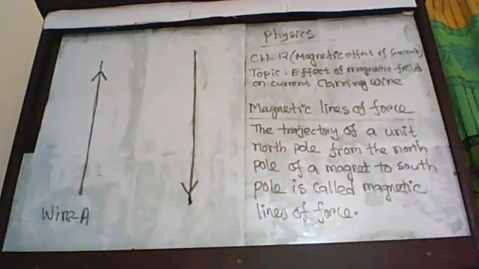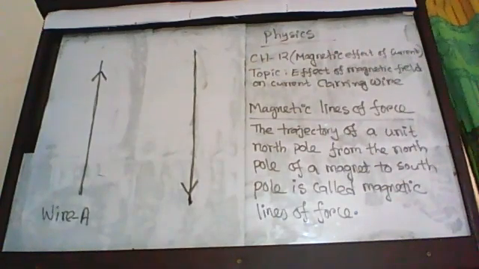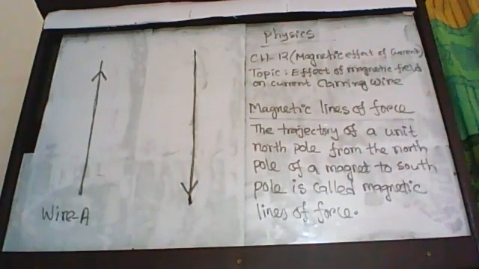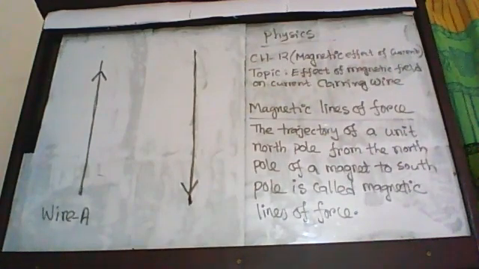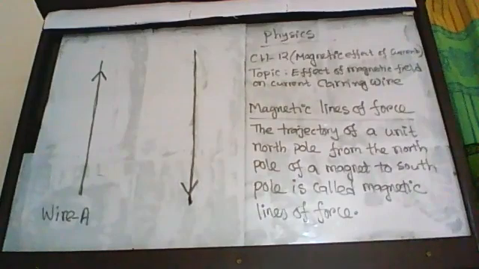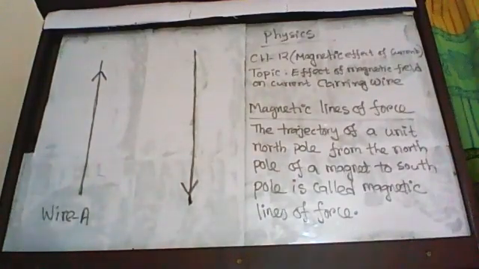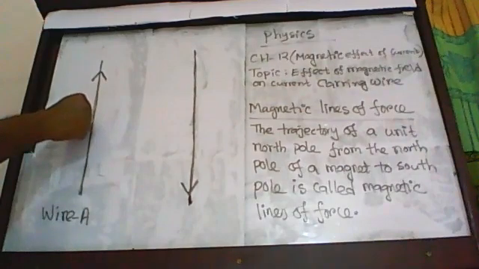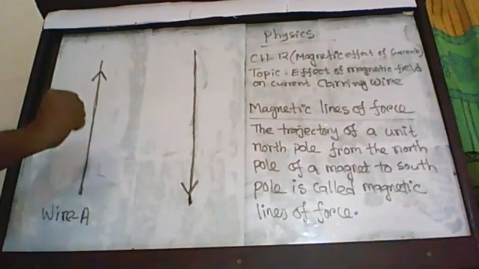Now, if I want to find out the direction of this produced magnetic field, how can I find out this direction? At first, you should put your right hand along the direction of current, just like this.